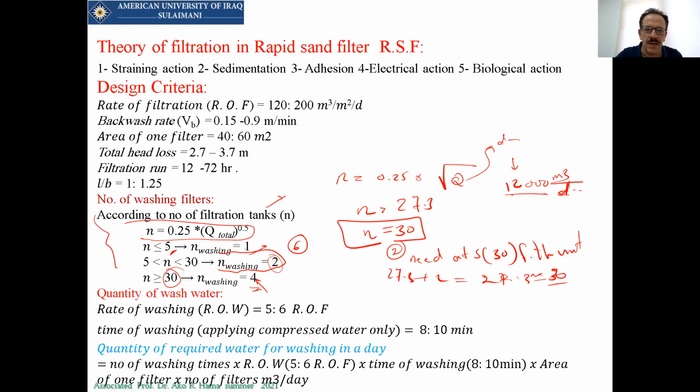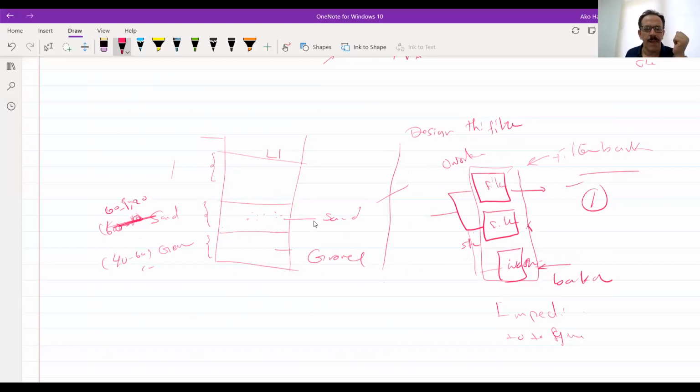Now, again, this is the number of filters. You may have a question about what materials should be used. I will say that we have a specific sand and specific gravel. What sand should be used? The sand has properties.